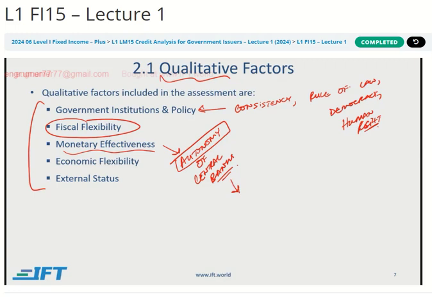And I think this point is very valid, especially if you're lending to a country in a different currency. So let's say you are a US investor and you are lending to a country, let's call it country ABC, and this country is borrowing dollars from you and is going to pay you back in dollars.